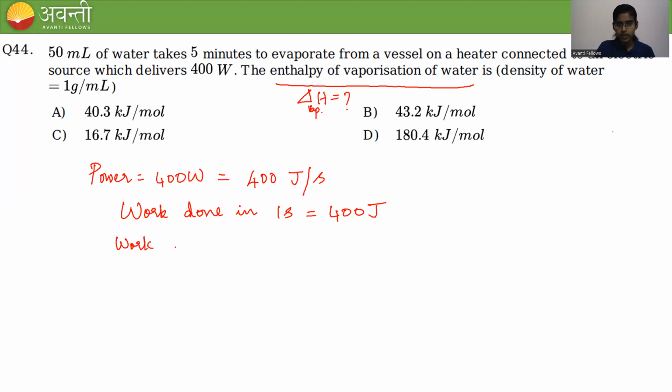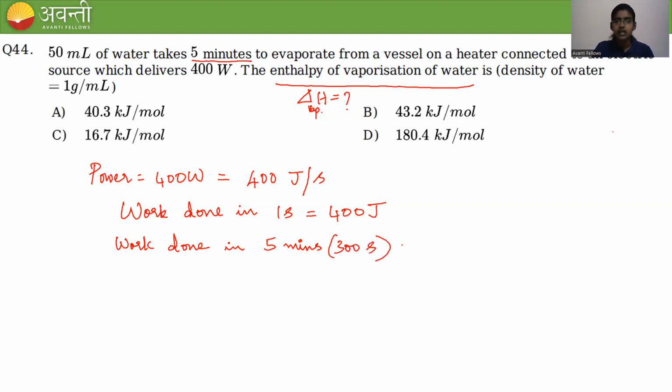In the same way, for the work done in 5 minutes, because the time is given here in terms of minutes, right? How many seconds do we have in 5 minutes? 1 minute contains 60 seconds and 5 minutes contains 300 seconds.